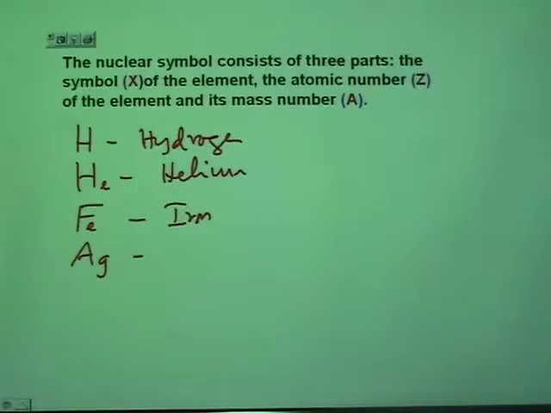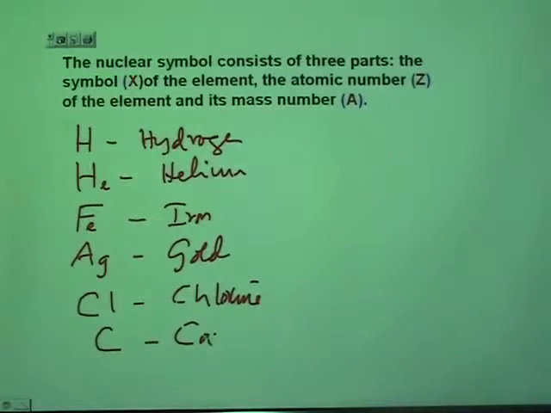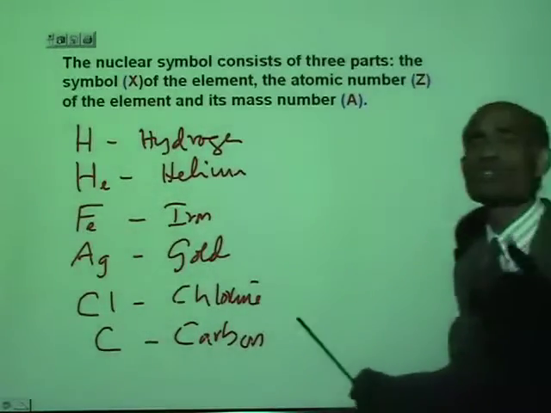Gold is Au. You see, that is gold. Cl stands for chlorine. C stands for carbon. We will come across all these elements as we go on into the 2 or 3 lessons from today.